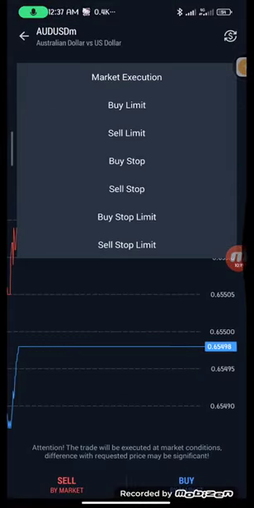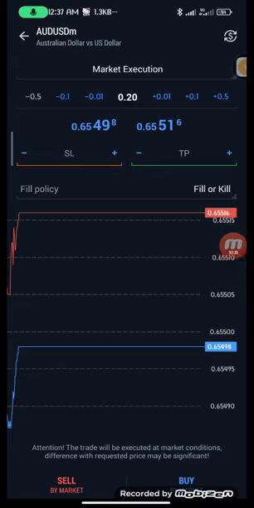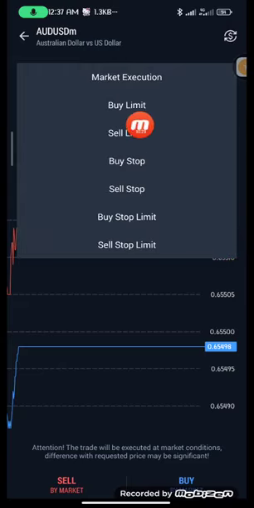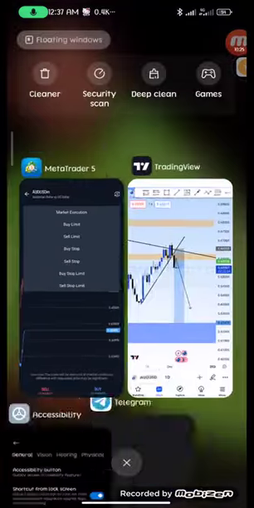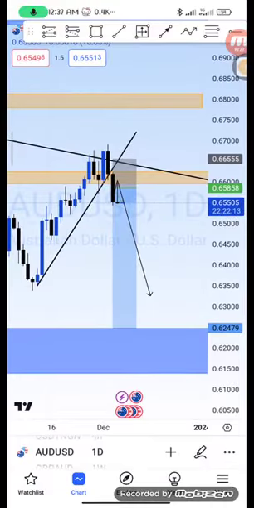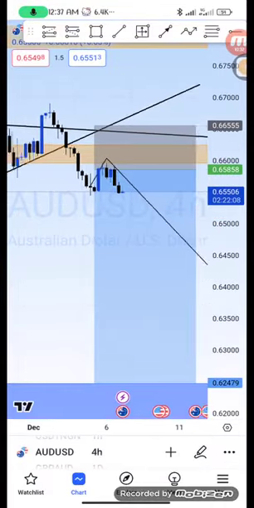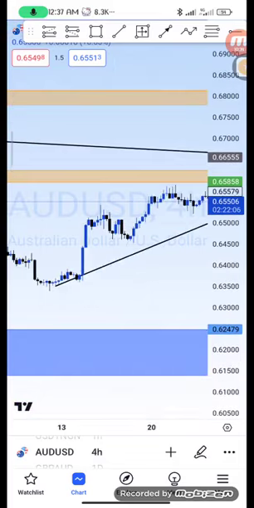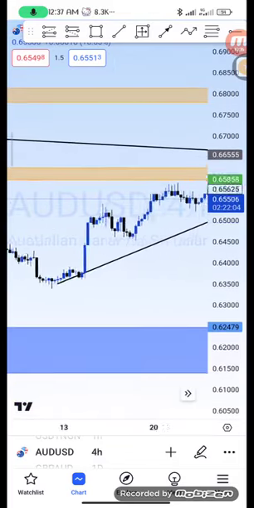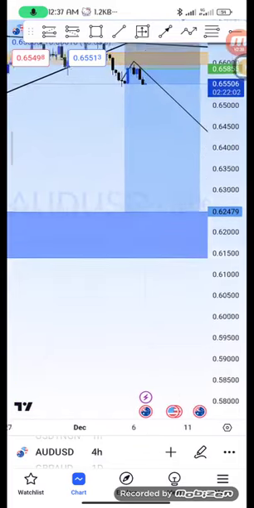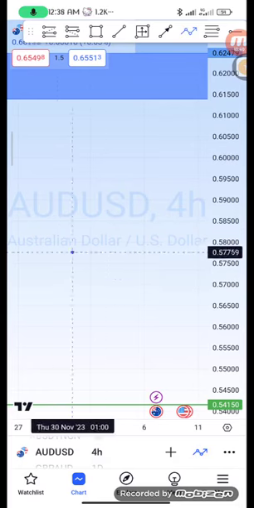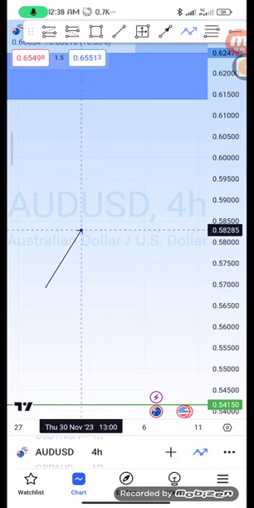So when we talk of buy limit, buy limit is simply a situation whereby, let me make use of this, let's say the market is moving this way.